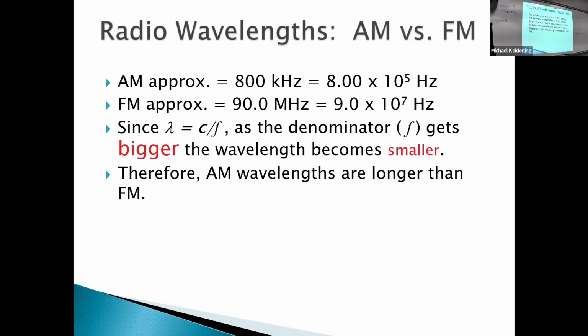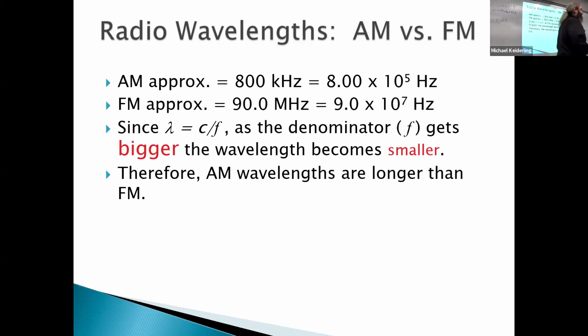AM wavelengths are in the hundreds of meters, 800 kilohertz gives you 475 meters, and then 90 megahertz is like 3 meters.